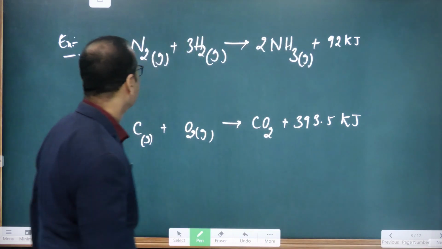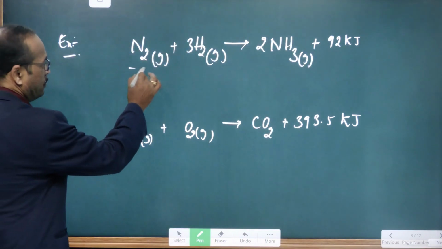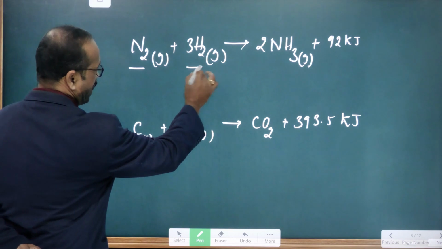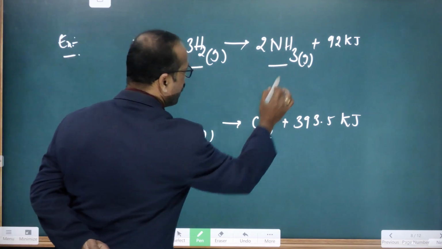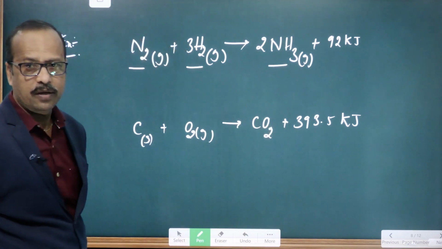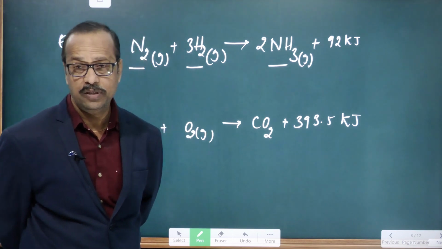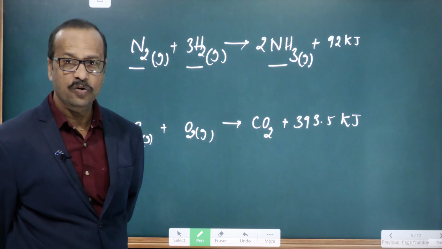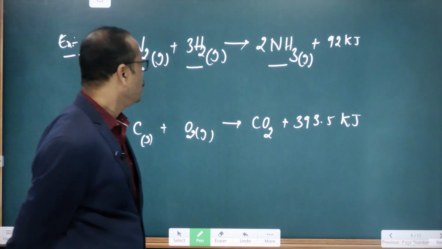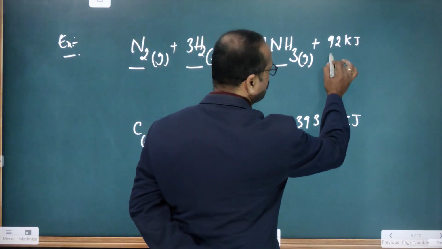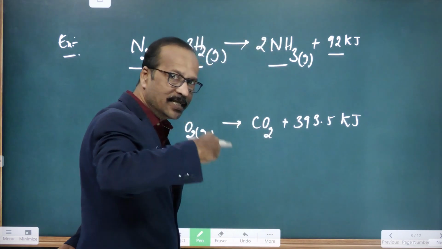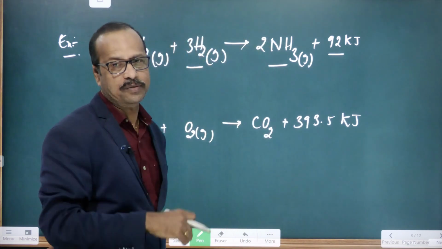Here you can see nitrogen combining with hydrogen to form ammonia. This reaction we already discussed. Nitrogen reacts with hydrogen to form ammonia, but during the formation of ammonia, it releases 92 kilojoules of energy.